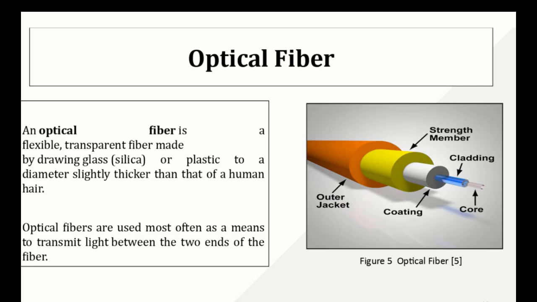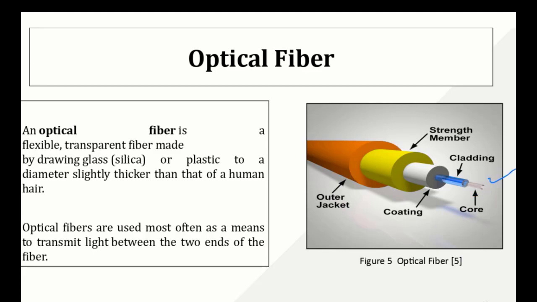So there are two types of optical fiber. In this optical fiber you can see the core material, where the transmission of light takes place, because light enters this core material, and we cover this core with the cladding. The transmission is totally based on total internal reflection.